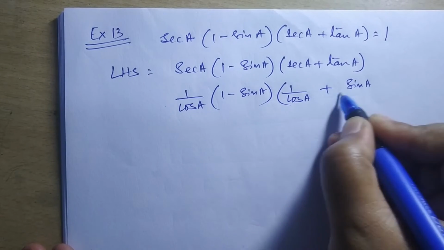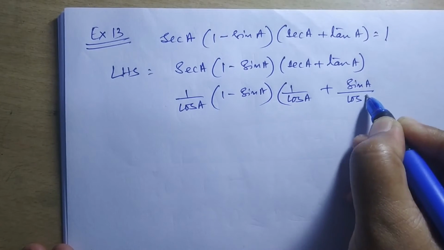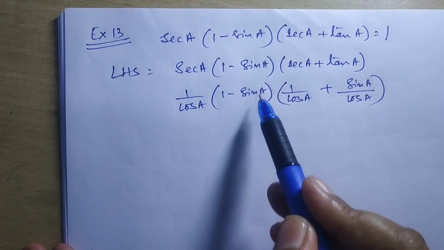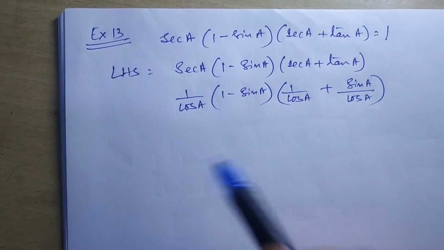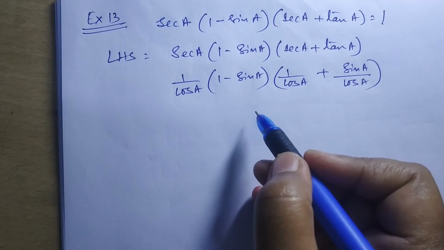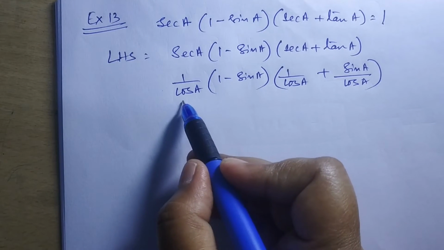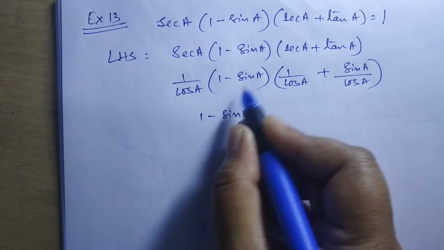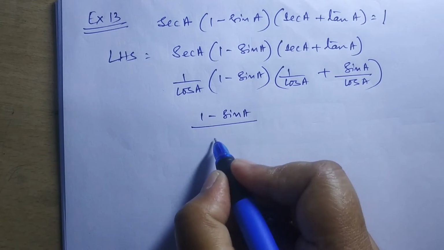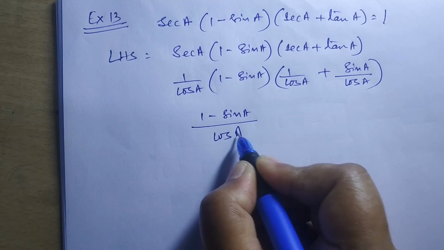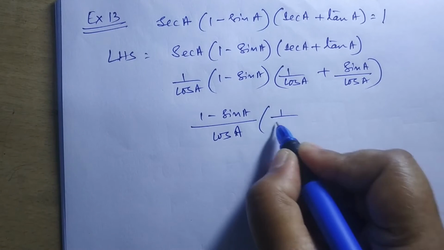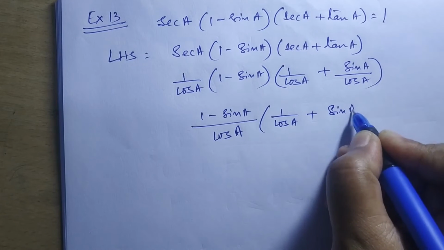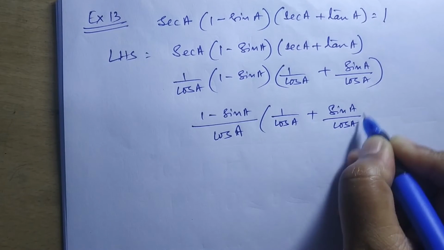It is sin A by cos A. Now you understood what I wanted to say. Okay, I have changed it. I have kept sin A as it is. So now let me multiply. So here it will be 1 minus sin A, because this into 1 remains the same, over cos A, into 1 by cos A plus sin A by cos A.